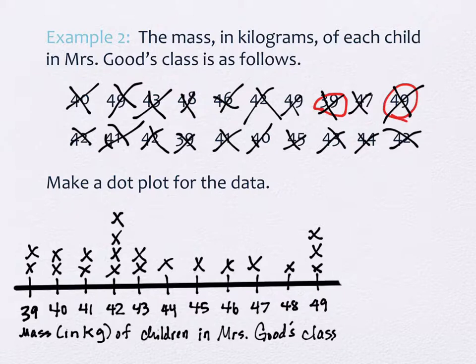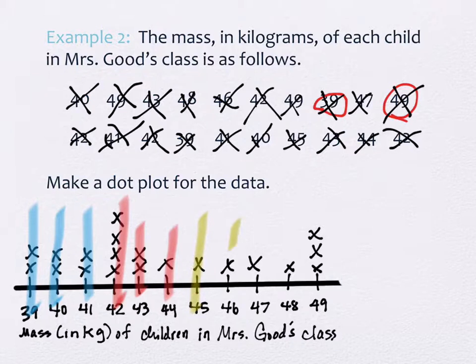We might say, okay, we're just going to draw the mark with every group of 3. So this would be group 1, and then group 2 is the next 3 values, and then group 3 is the next 3 values, and then group 4 is the last 3 values. But there's nothing in the last one.